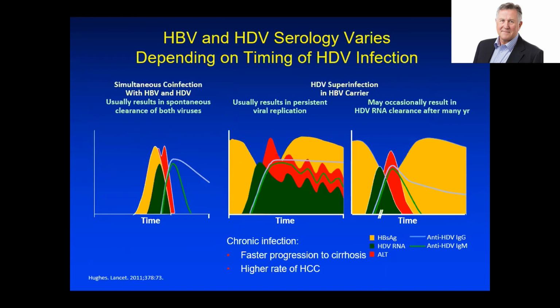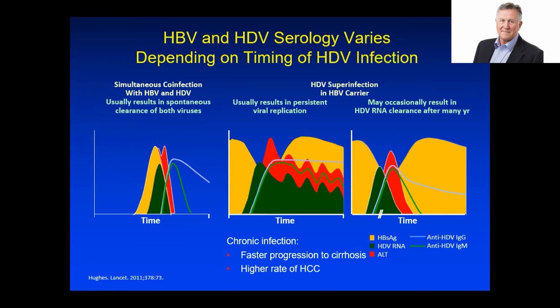And the work in Australia suggests that just under 5% of our population is Delta co-infected, which means that you really need to look for it. And again, this is one of the things we don't do very well. And Delta will do two things. If you get the two viruses together, B and D at the same time, you get a more severe acute hepatitis.